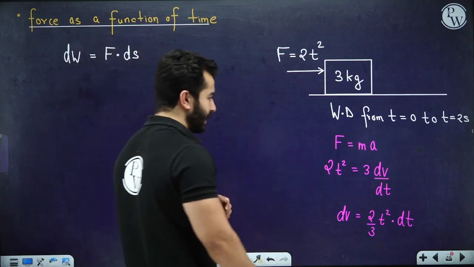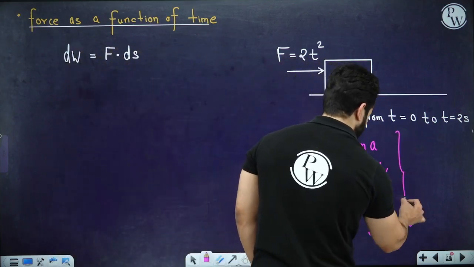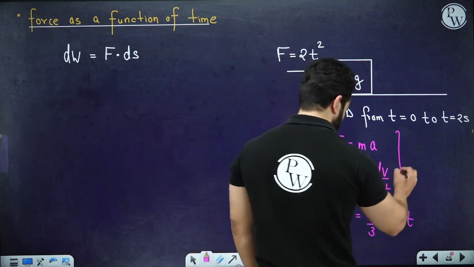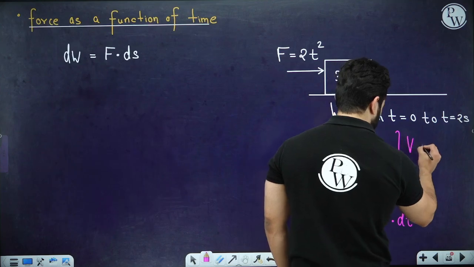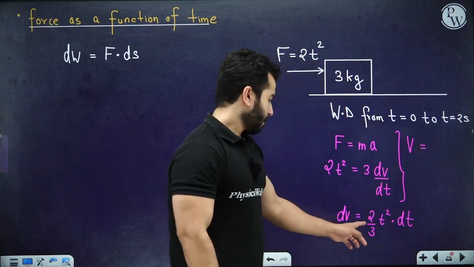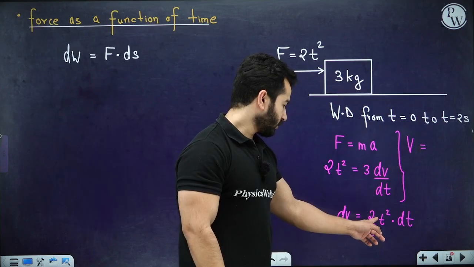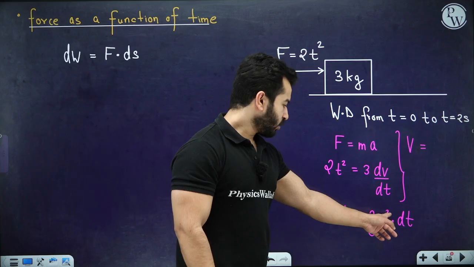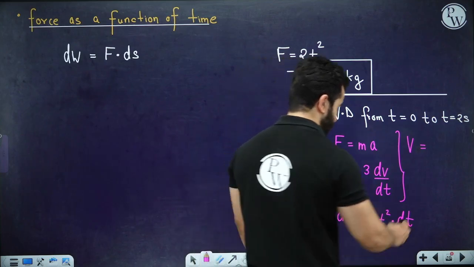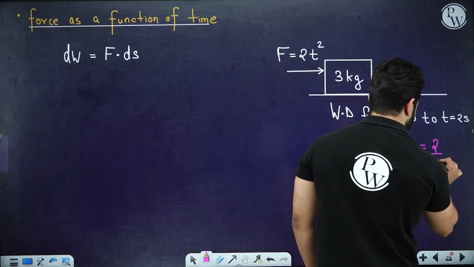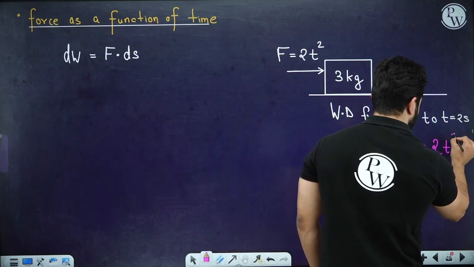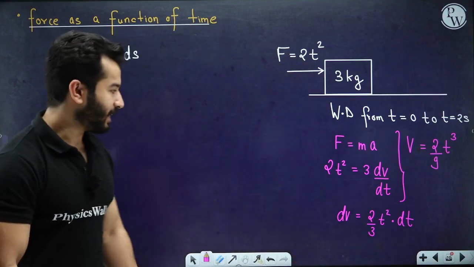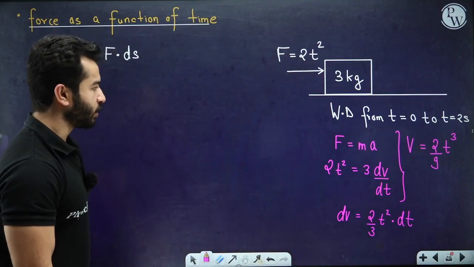So if I integrate it over here, I'll get v equals, this is going to become 2t cube, and similarly, I'll rewrite it as 2 by 9 t cube. This is what we are getting right now, an expression of velocity, right?